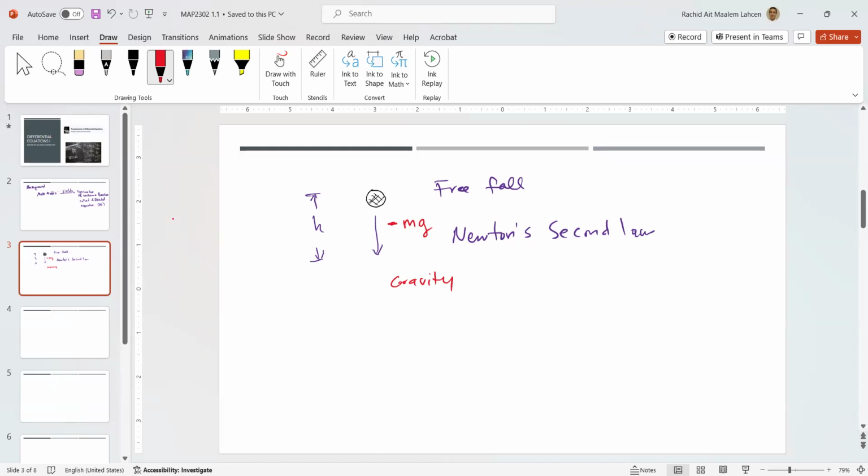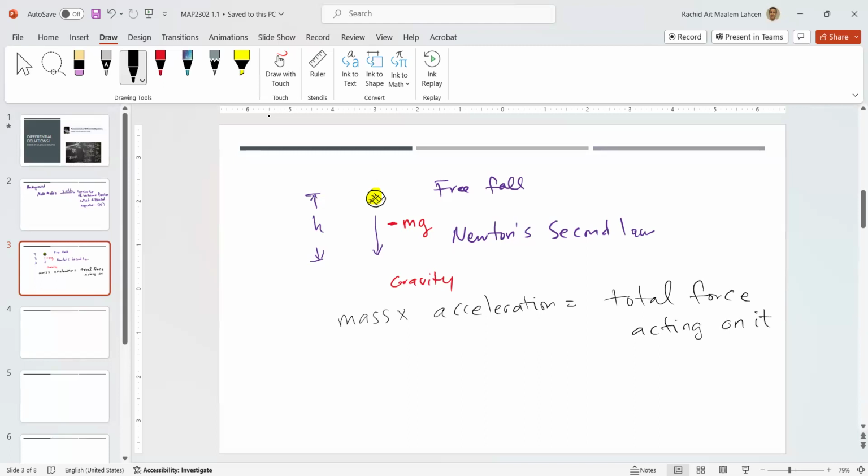So if this object has a mass m, then the mass times the acceleration is going to equal the total force acting on this object.